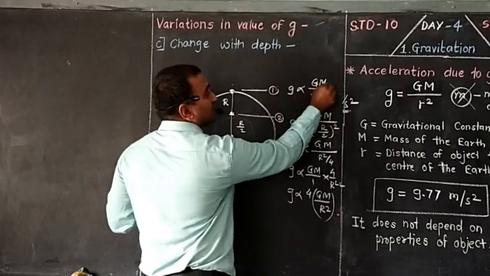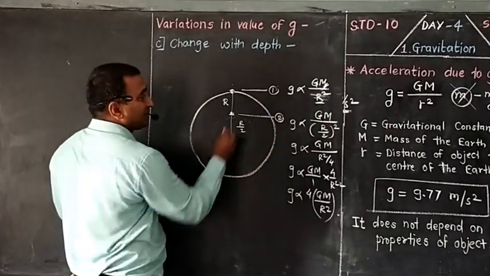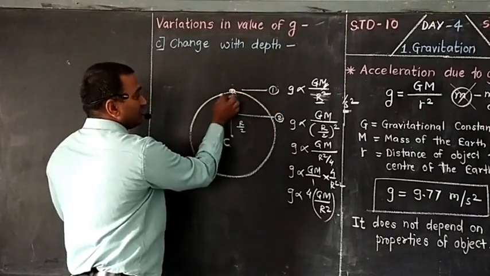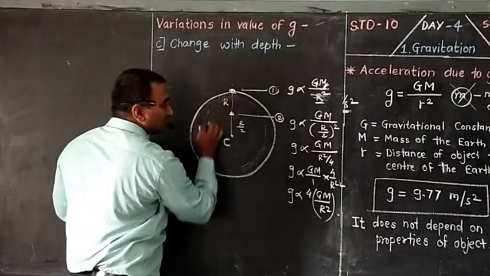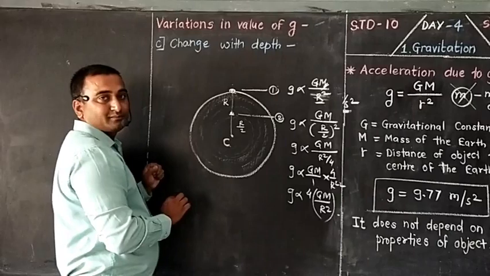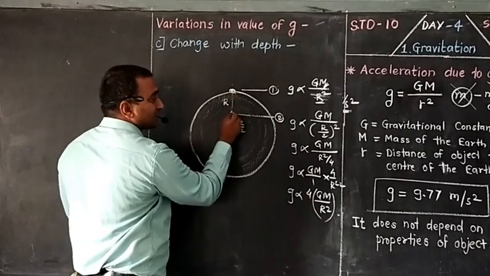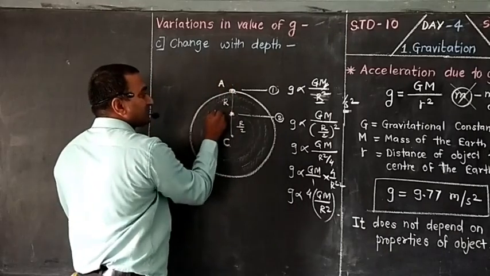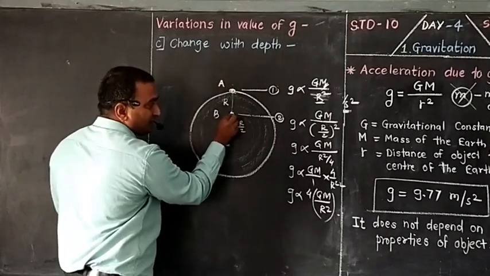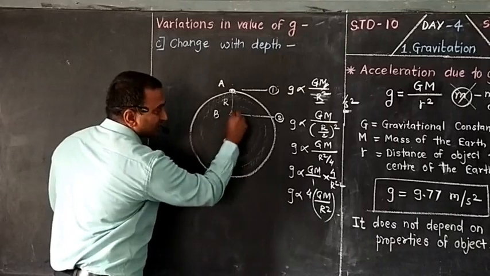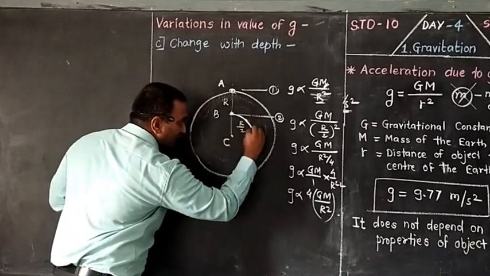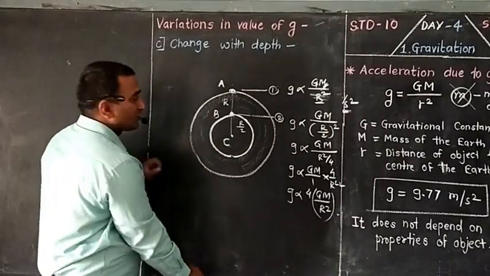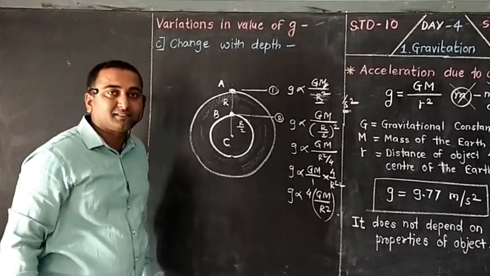What about the mass of Earth? When the object is at location first, the total mass should be considered, or not. But when the object is moved to location 2, where this point is A and this point is B, by taking this much radius, we have to draw a circle, or prepare a sphere, or not. So does the mass decrease or increase?